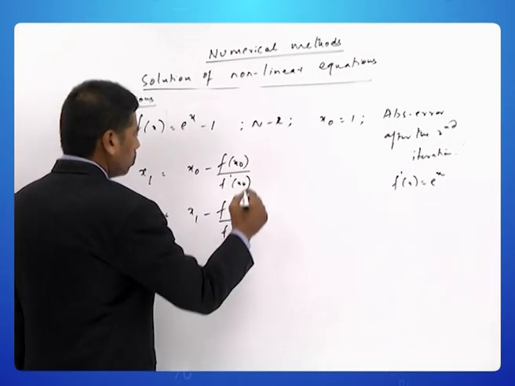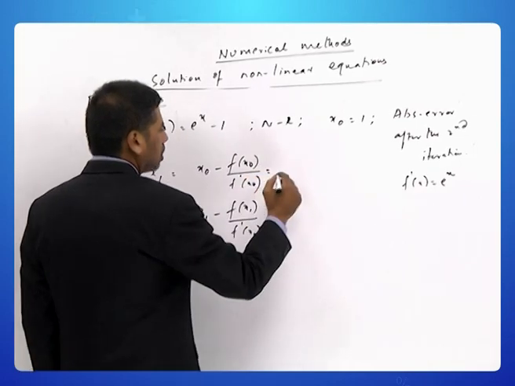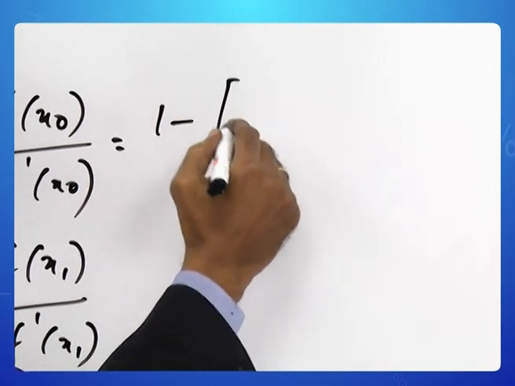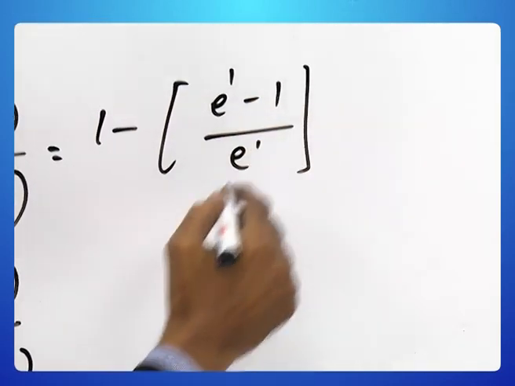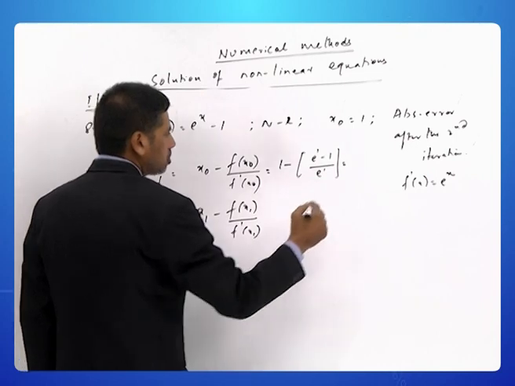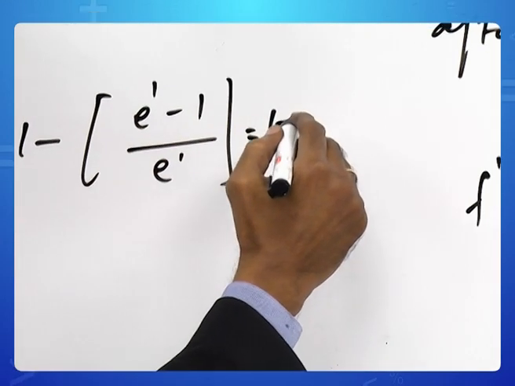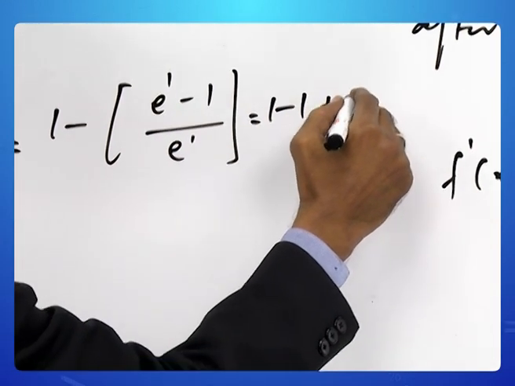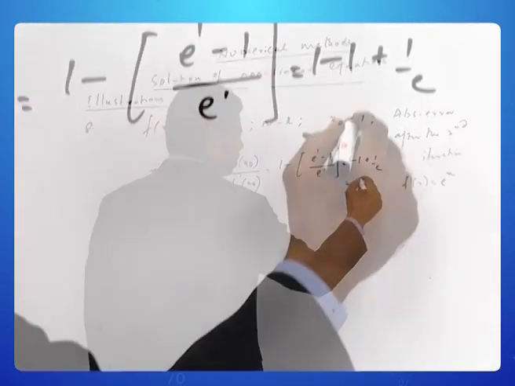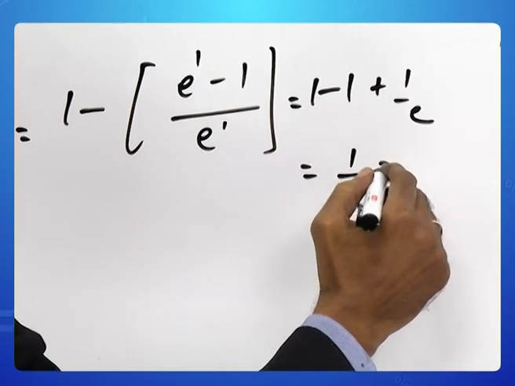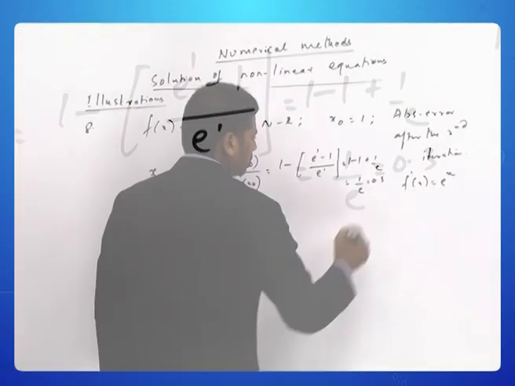So let us see what is x1. 1 minus (e^1 minus 1) by e^1. So this becomes 1 minus 1 plus 1 by e. So 1 by e is about 0.3.